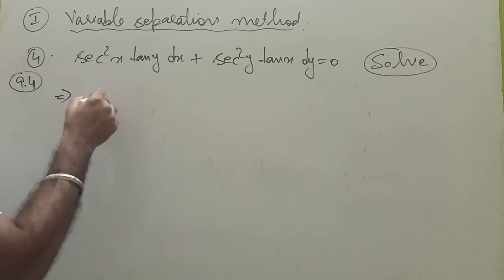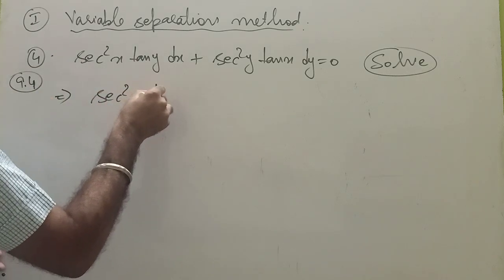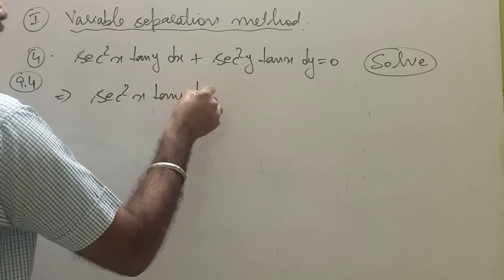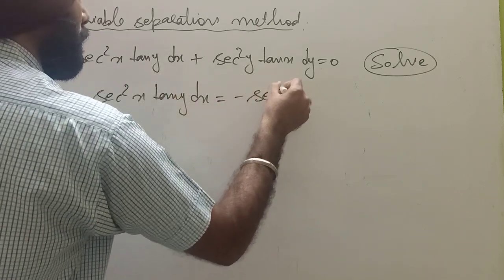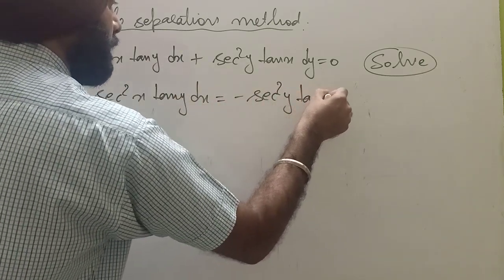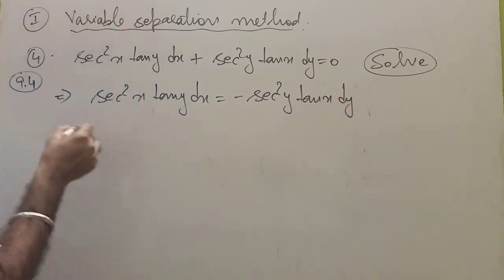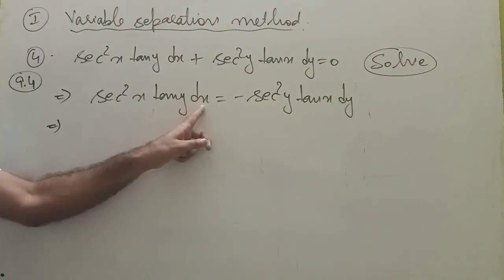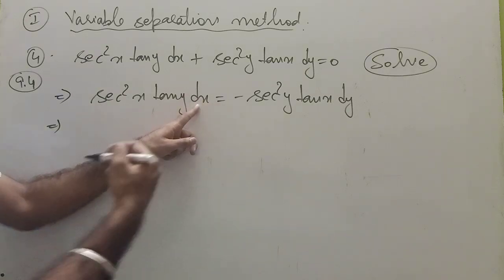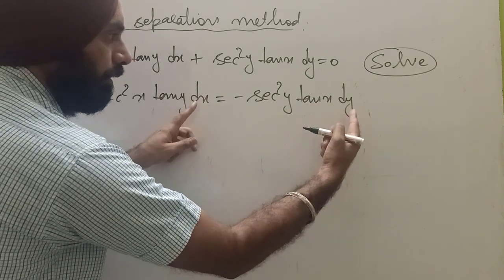Variable separation means let us shift one term to the right hand side, minus secant square y tan x dy, and now there is dx. Collect all the terms containing x with dx and all the terms containing y with dy.